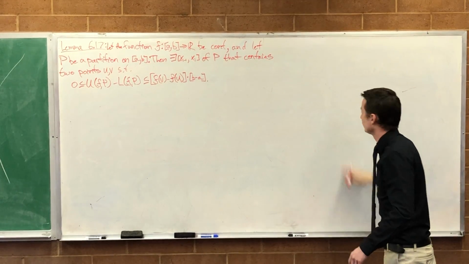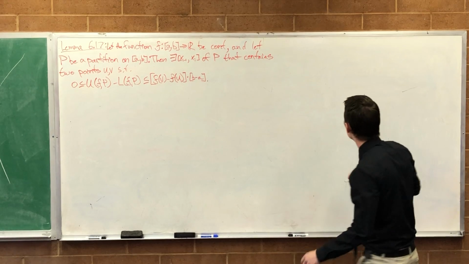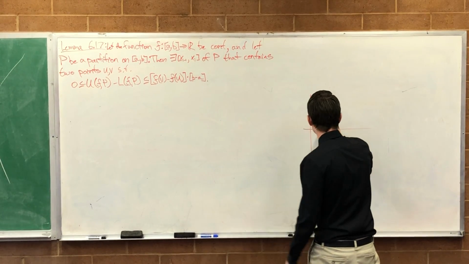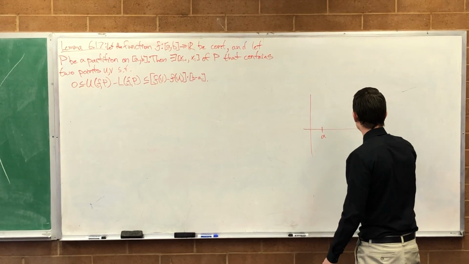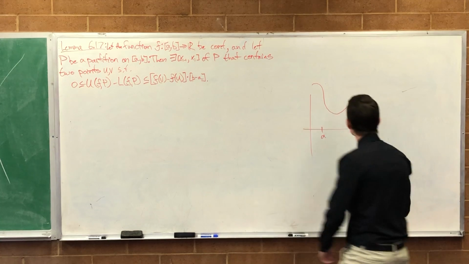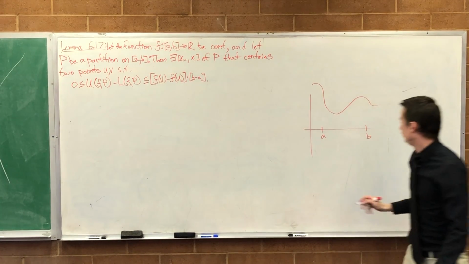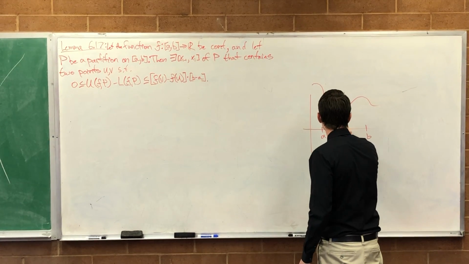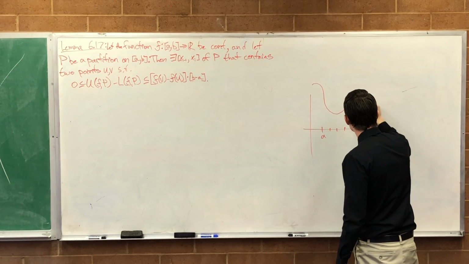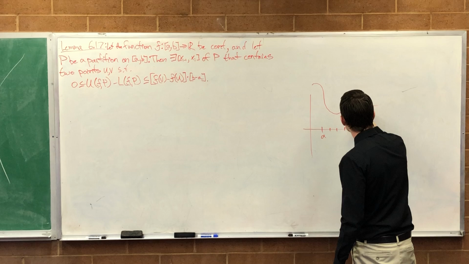So let's draw a picture really quick of what this is saying. We've got some function. Here's a, here's b, some function defined on [a, b], right? And we've got some partition on it. Maybe do some dotted lines so we can see how everything lines up.